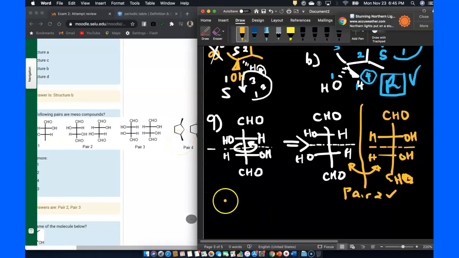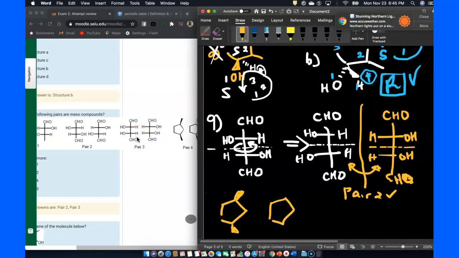If you look at pair 4, there's a problem, because the methyl, let me squeeze it, yeah, this methyl up here is away. So here you can cut it into equal halves, okay, but this one you cannot, because this is down and this is up.